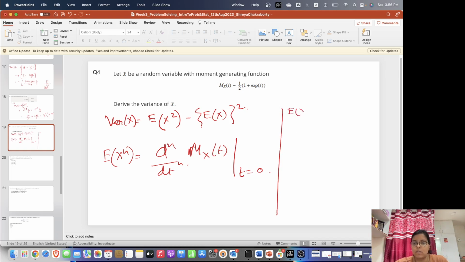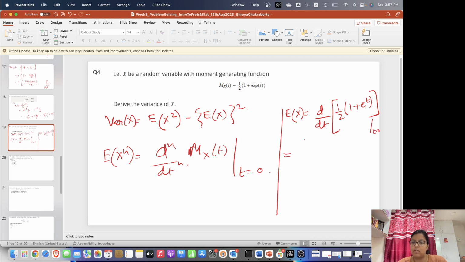The expectation of x will be d dt of half (1 plus e to the power t), evaluated at t equal to 0.